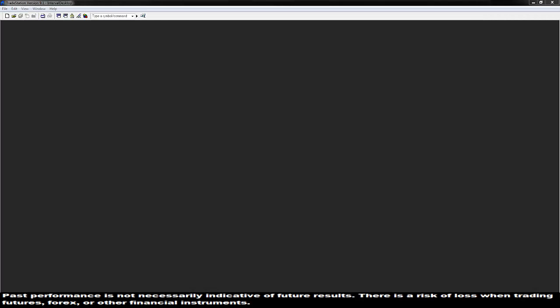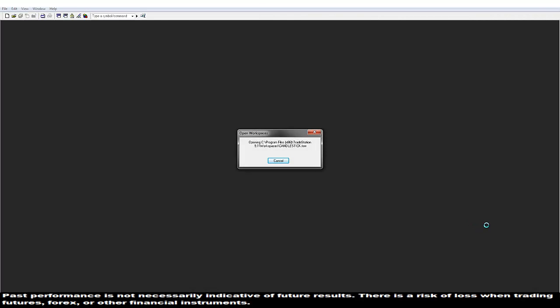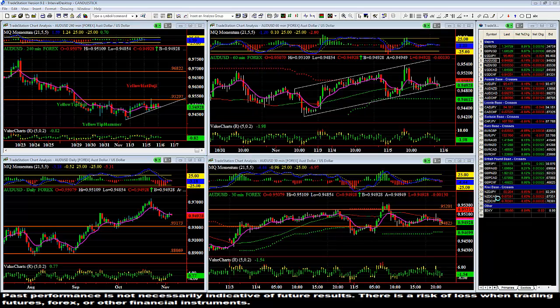I'm going to open up a chart right quick here to give you an example of what I did today. I'm actually still in on this trade. I went kind of trend on nat gas, and it's working out for me nicely.